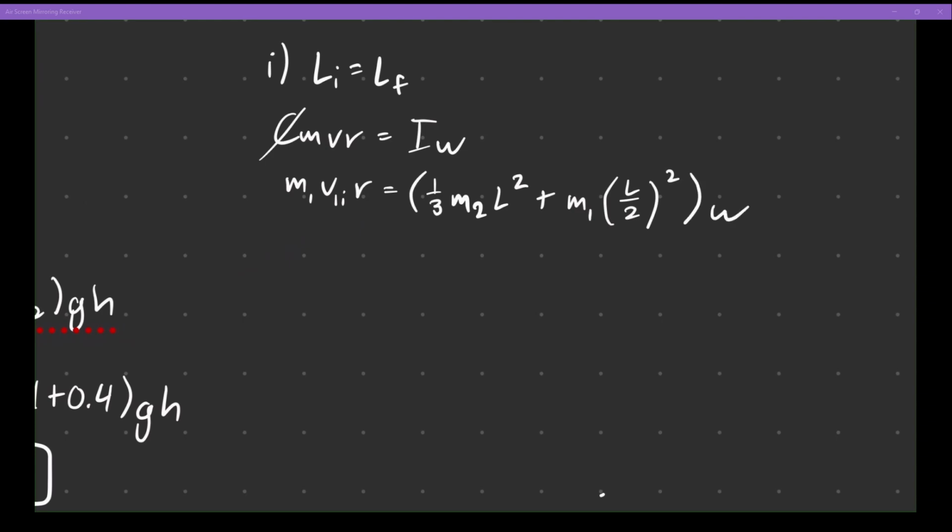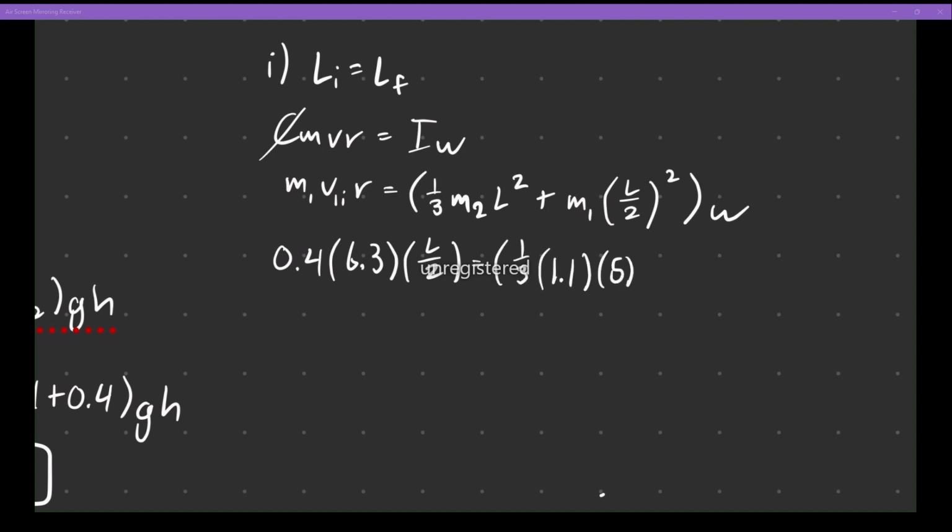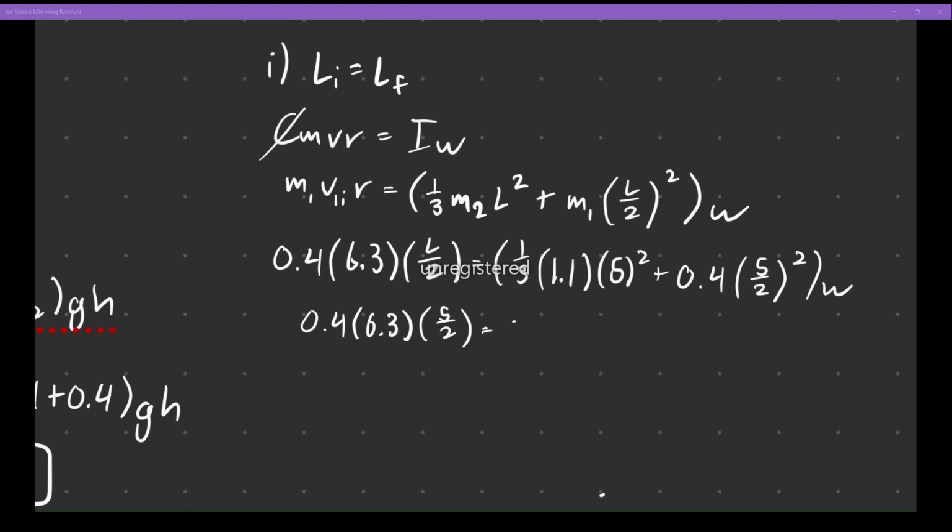Over here, M1 is 0.4, V1 we found was 6.3, and this is just L over 2. This is equal to 1/3, 1.1, and L squared is 5 squared, plus 0.4, 5 over 2 squared, omega. For 0.4, 6.3, 5 over 2, all of that, and the I value simplified, put in the calculator, is 11.67.